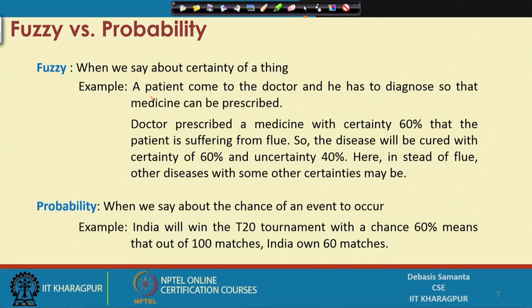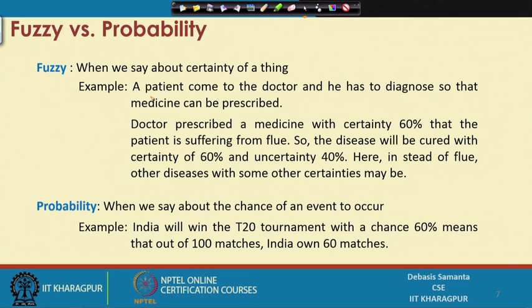In other words, the disease for which he prescribed the medicine will be cured with a certainty of 60%, and there is an uncertainty of 40%. This concept is related to fuzzy: it is the certainty, clarity or guarantee.